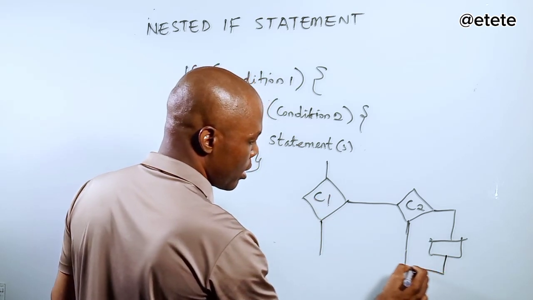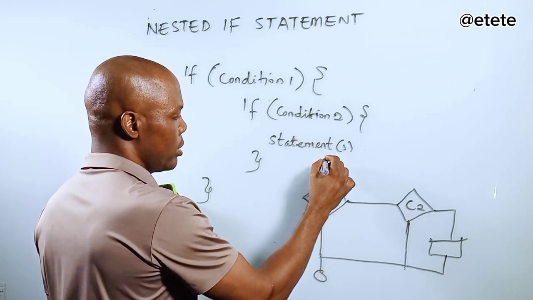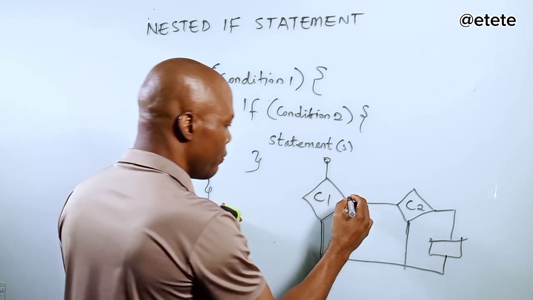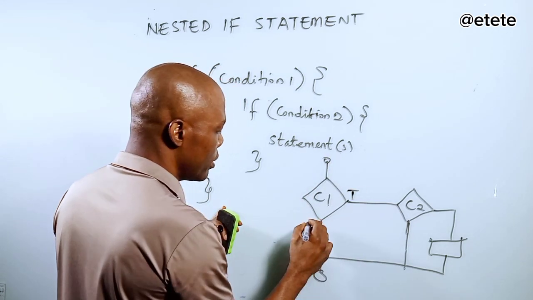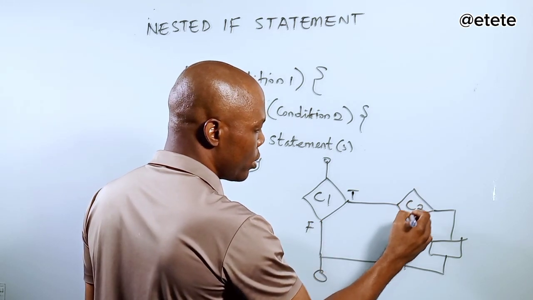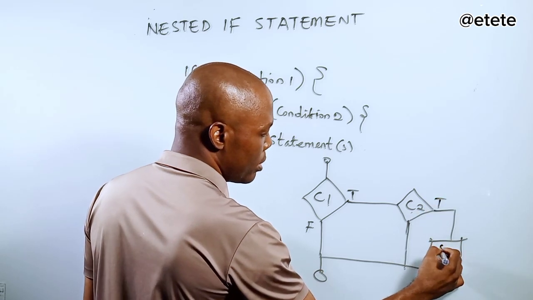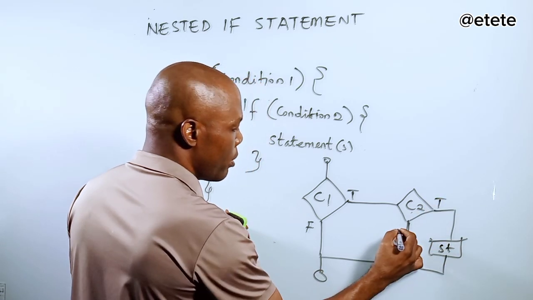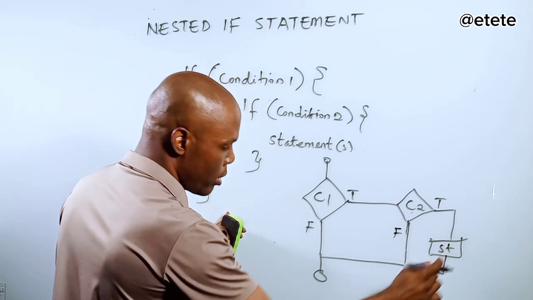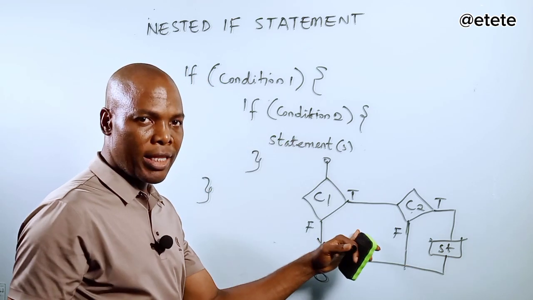So this all will come here and then end. So this is the beginning. So if this is true, you go. If this is false, you exit. Now, if the second condition is true, then you print out the statement. But if it is false, you exit. So all of them now come out this way. So this is nested if flowchart.